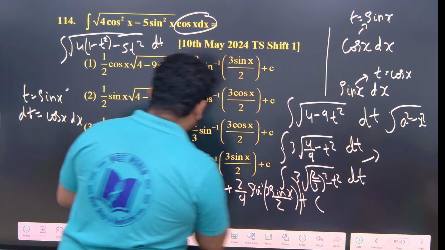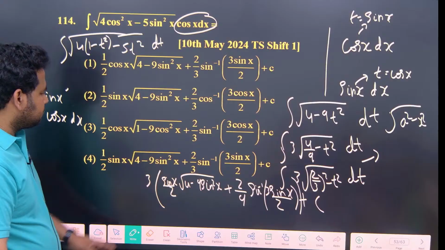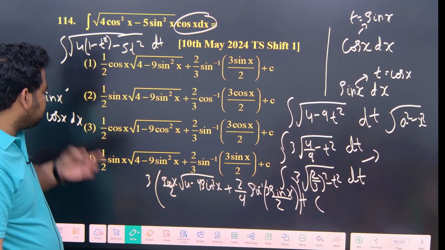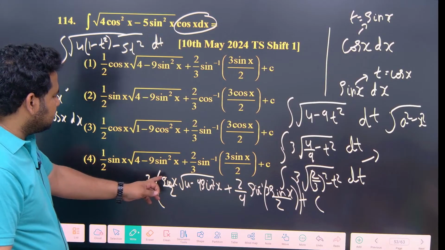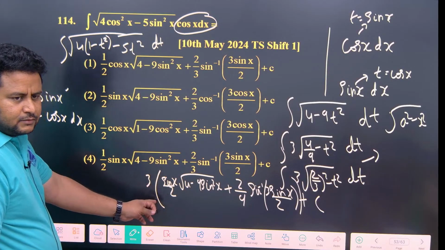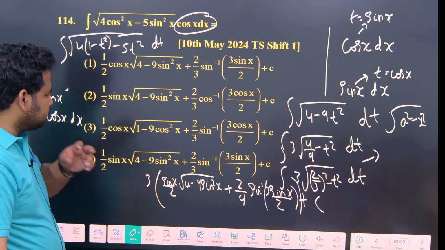This entire thing I have to multiply by 3. Sin x by 2 I am getting, but here I am having 3. What can we take common here?